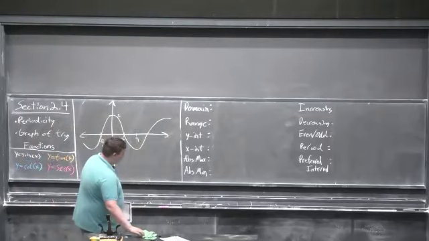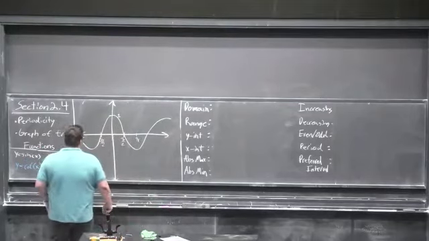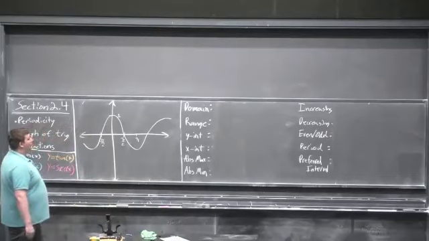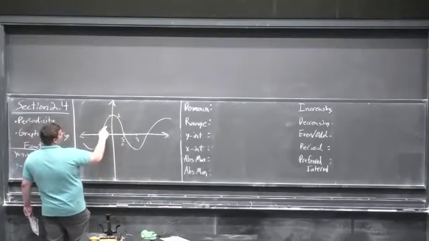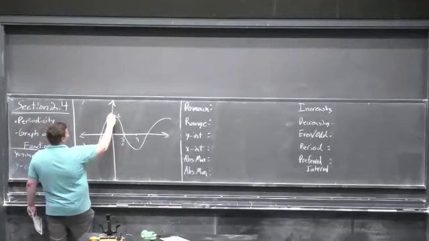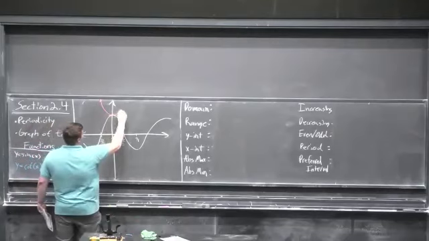Now, for our secant, it's 1 over cosine. So 1 divided by 1 is 1. And then as we get to 0, 1 divided by a really small number is going to be really big. So it's going to look something like this.